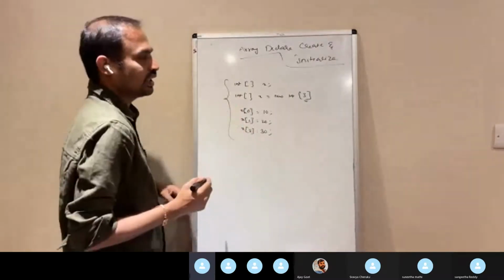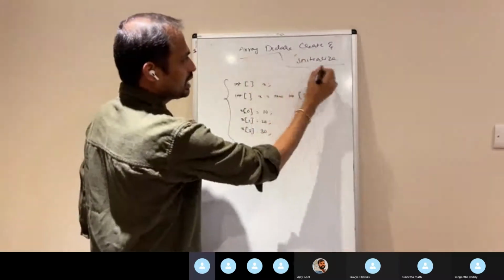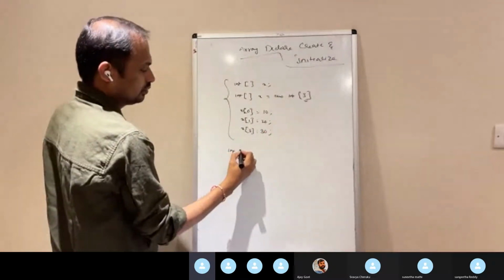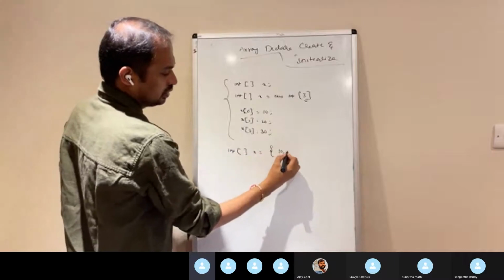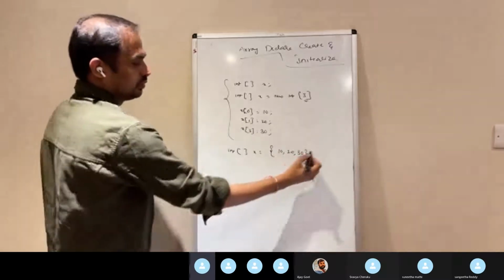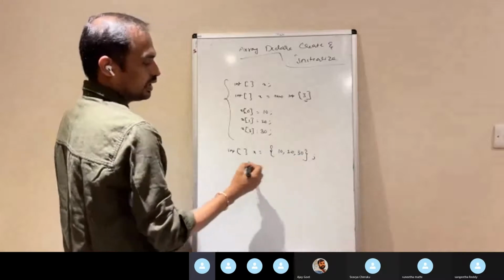So we can do this in a shortcut, with all these things in a single line. So how are we going to declare it? int array x is equal to 10, 20, 30. So this is the shortcut initialization of an array.